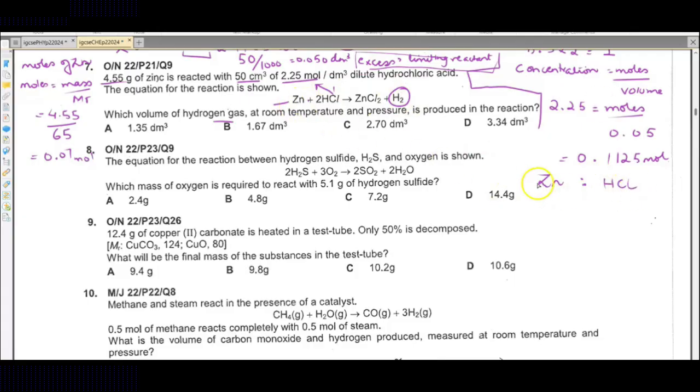We know that zinc has 1 mole, HCl has 2. The moles of zinc, as we know from this reaction and this mass, were 0.07, and we will find how much HCl was required to completely use this zinc.